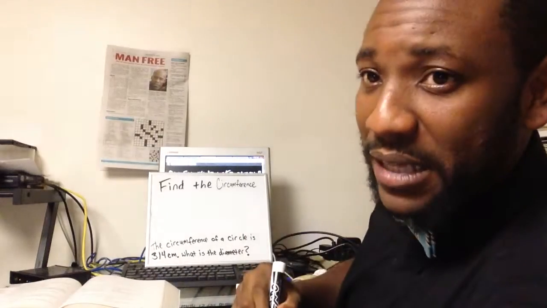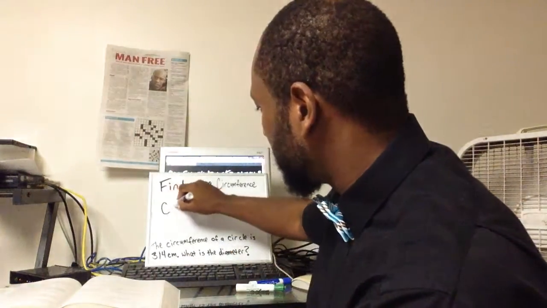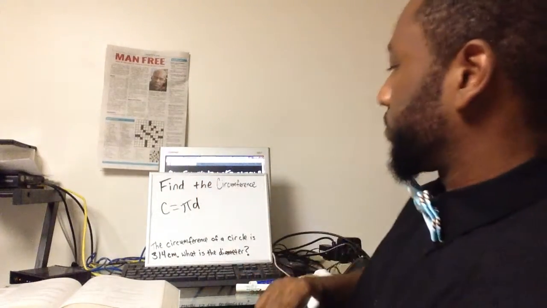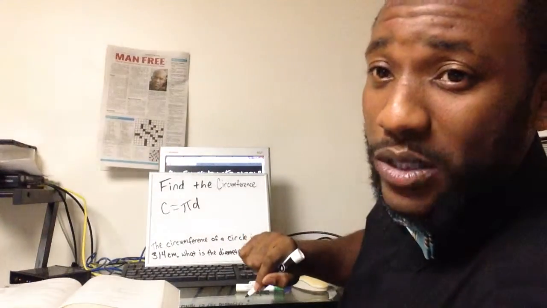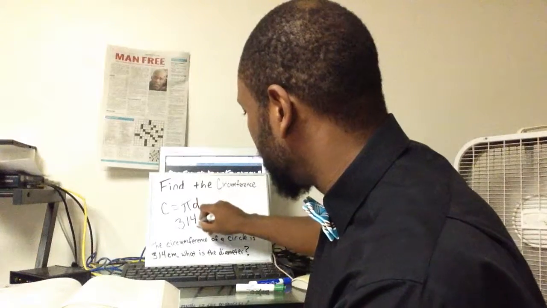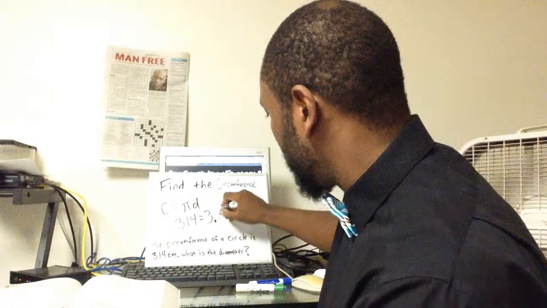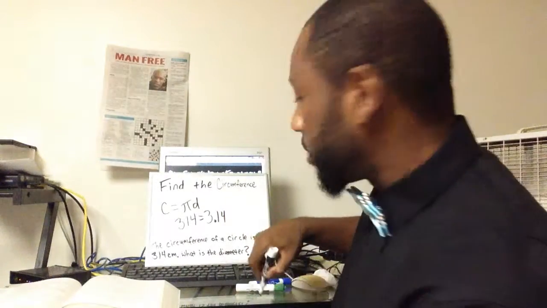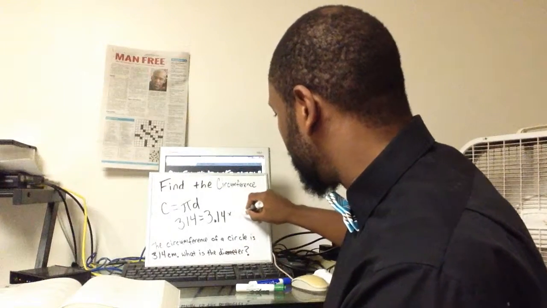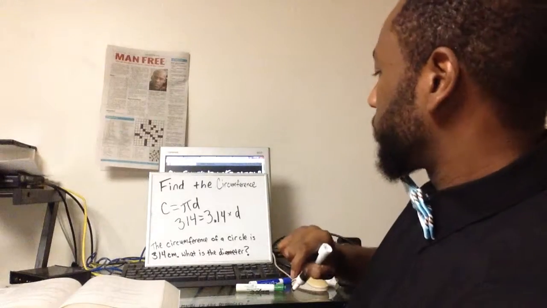And the way to think about this is, remember, you're following instructions. So back to your formula, circumference equals pi times diameter. In this case, we already know what the circumference is, so that means that 314 equals 3.14, because that's pi, times the diameter, which is what we were looking for here, right?